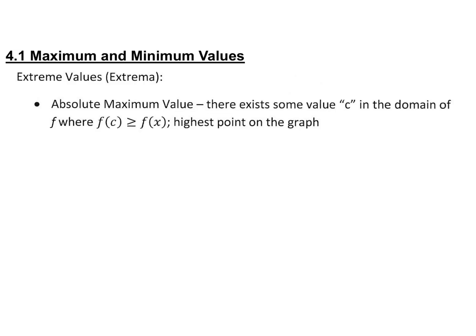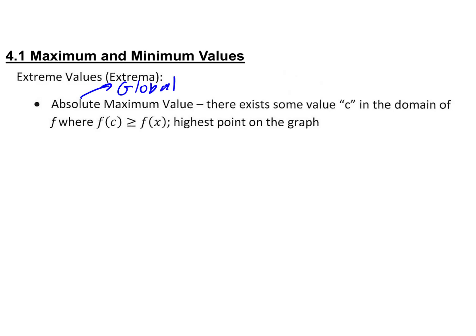So when we talk about extreme values, sometimes known as extrema, okay, we are talking about really four things, but there's a relationship between all of them. First off, we have an absolute maximum, sometimes known as a global.